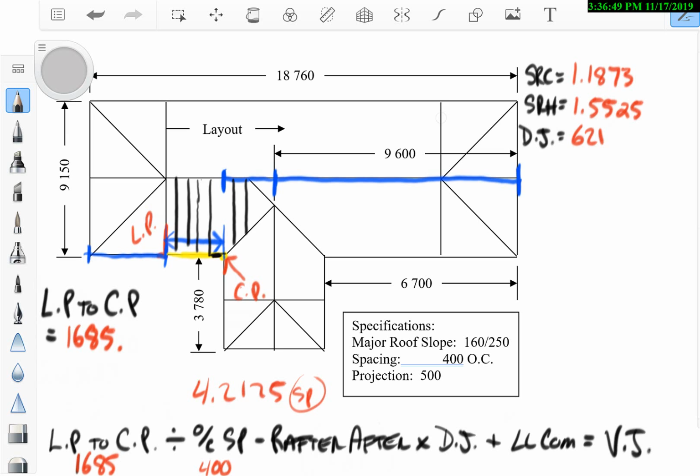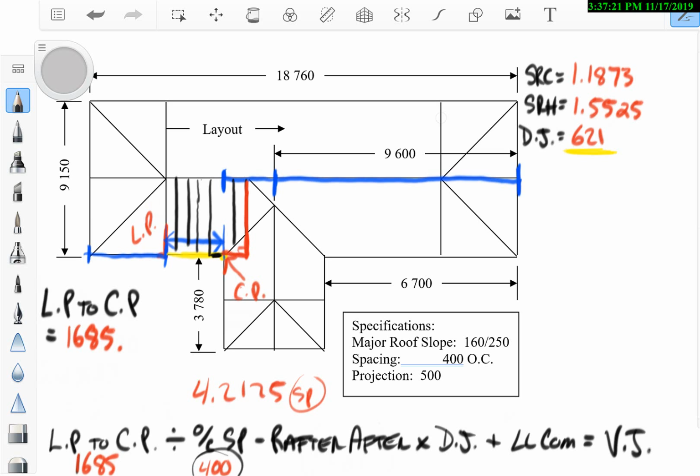So what we want to do is find out how much of a space that is, because we can take one full space, which is 400, and multiply that by our difference in jacks, and that will give us the reduction in line length from our major common. This works really well. We're going all the way to our second valley jack. From the change point right here, we're traveling over this far.